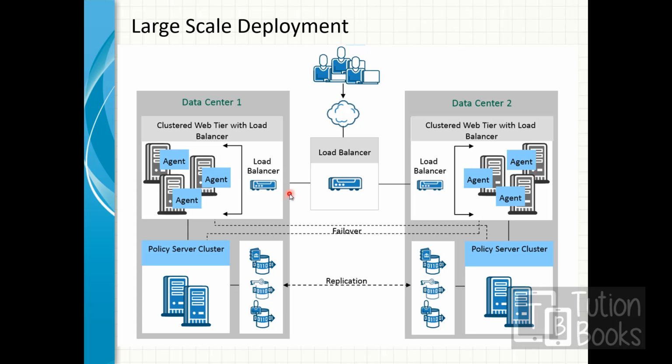But how will the agent of data center 1 contact the policy server of data center 2? For that I need to make a failover mapping.